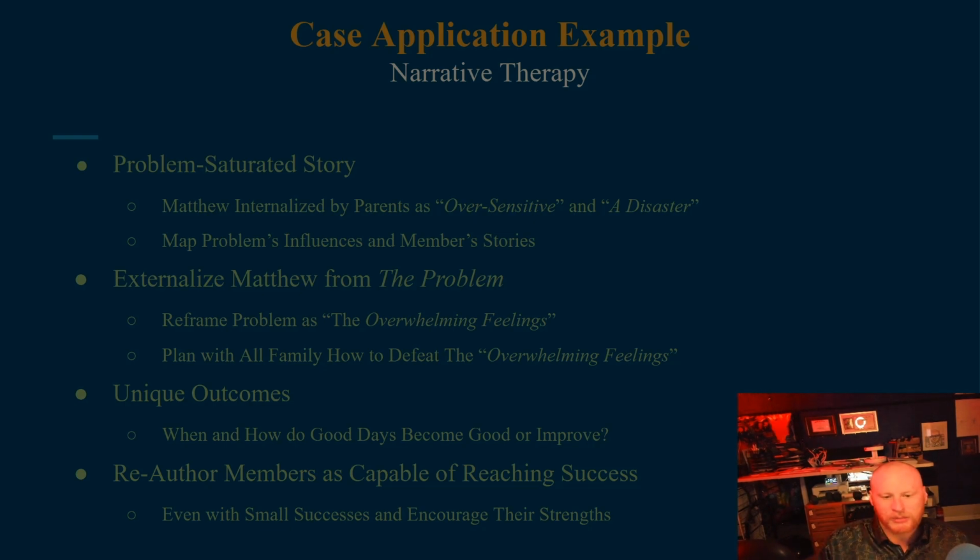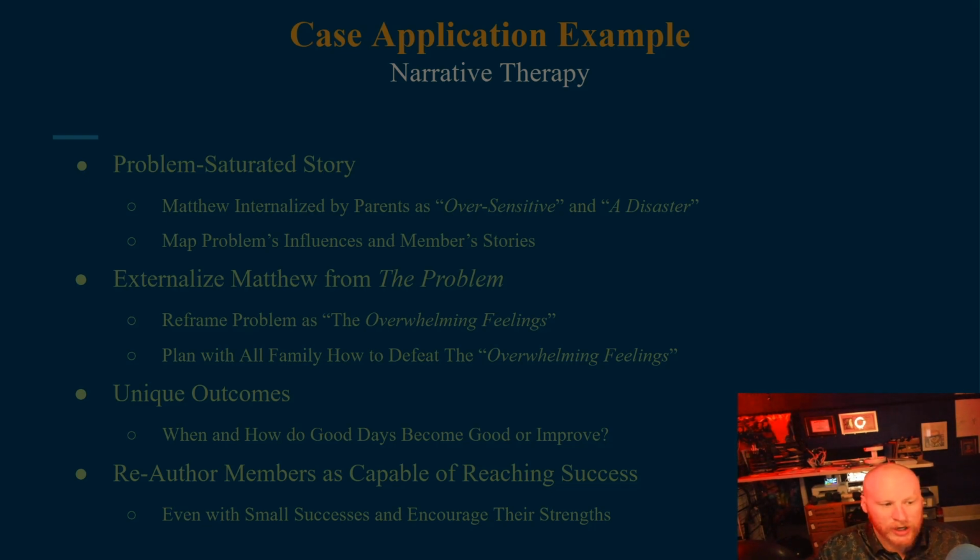So to tell them, hey, if they believe in themselves more, that they can overcome these overwhelming feelings, they might have a higher chance, be more likely to discover the available options that they can include in their life story.